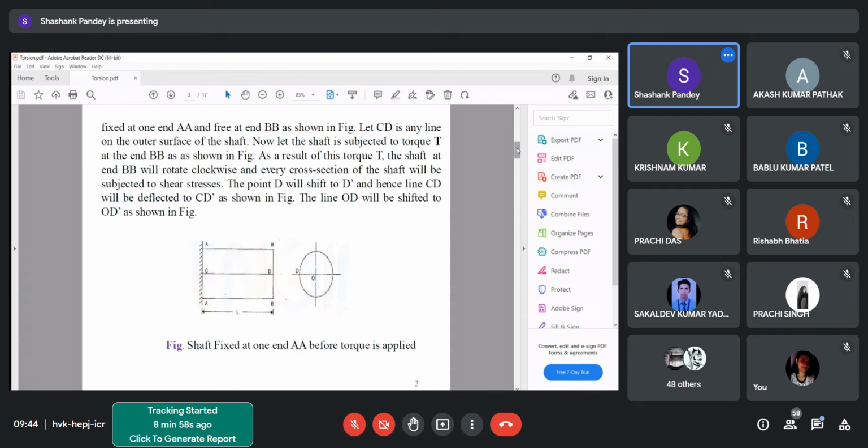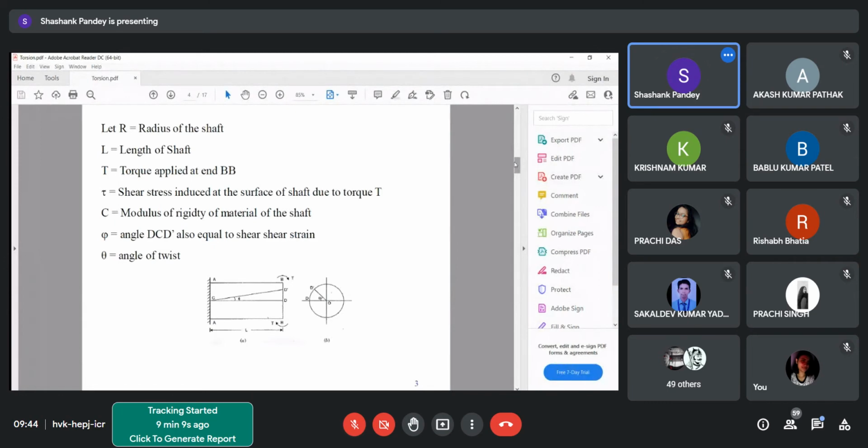As shown in figure, line OD will be shifted to OD dash. These are some of the parameters which we are considering for derivation of shear stress in a circular solid shaft.